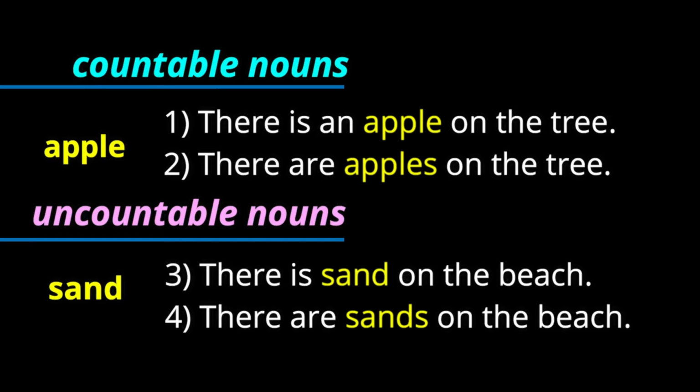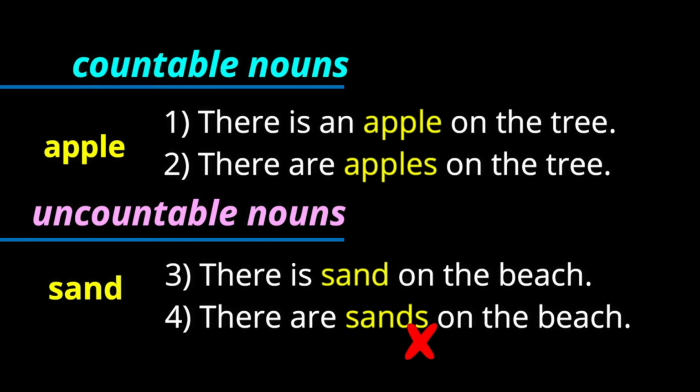You see, it's counted as one, sand, okay? And we would never say, like number 4, there are sands on the beach. We can't pluralize it. We can't add the S, all right? So if you can determine if the noun is a countable noun or an uncountable noun, you'll be able to use quantifiers with no problem whatsoever.